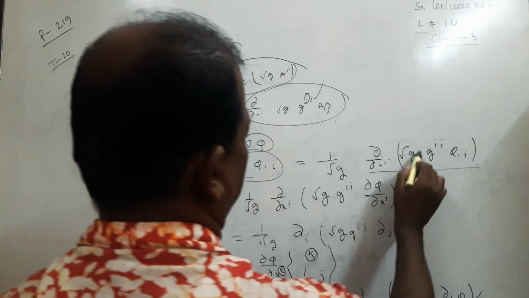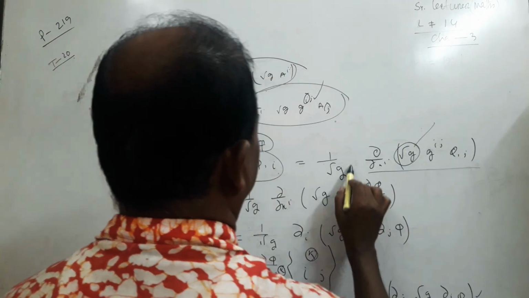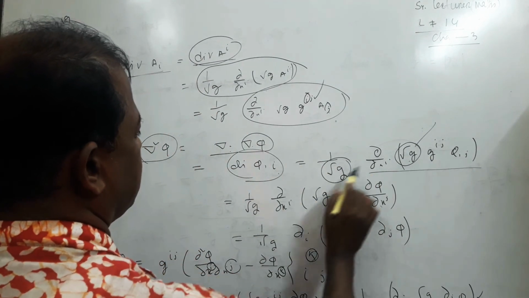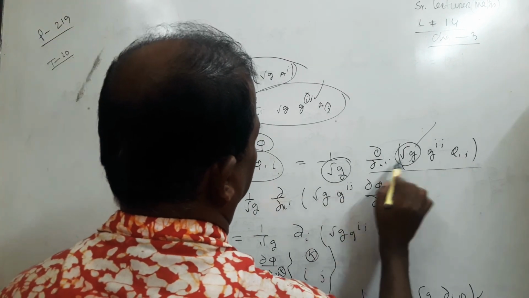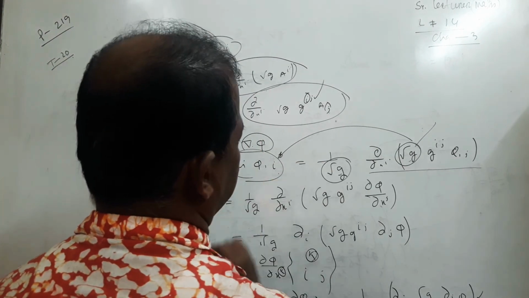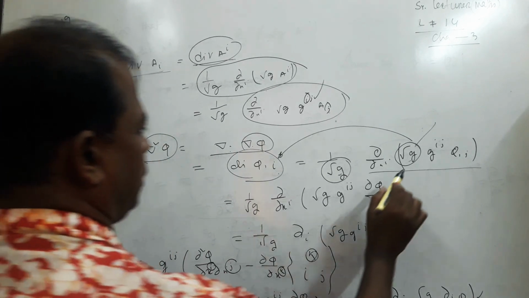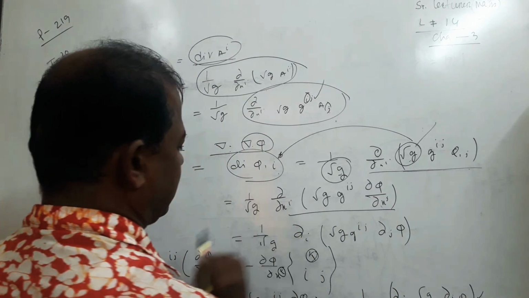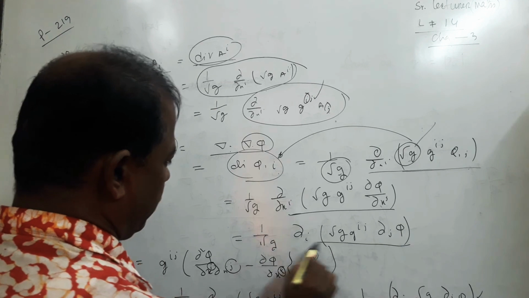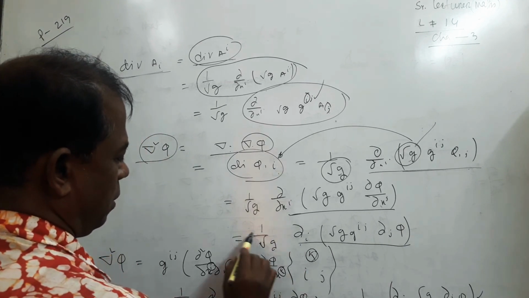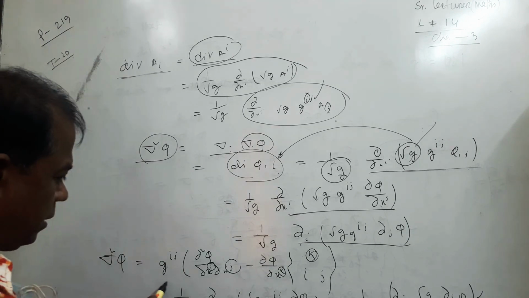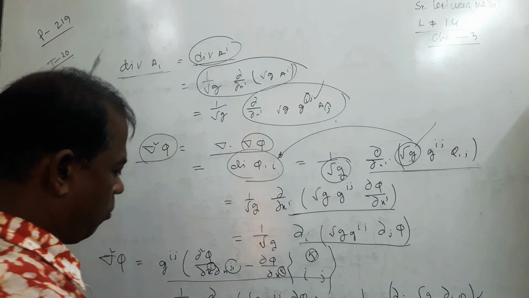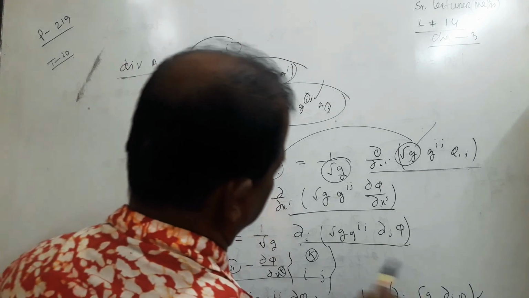Root g is the basic, and this is multiplied by the previous method. Again, del square phi equals this formula, applicable.